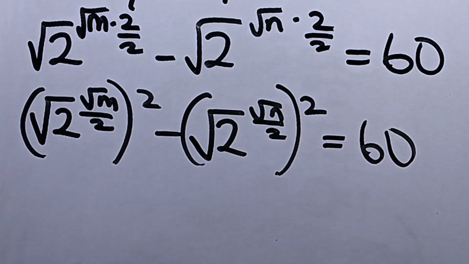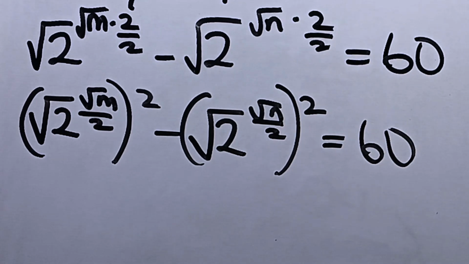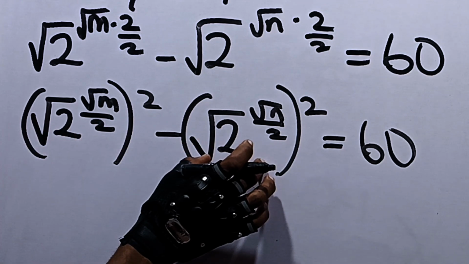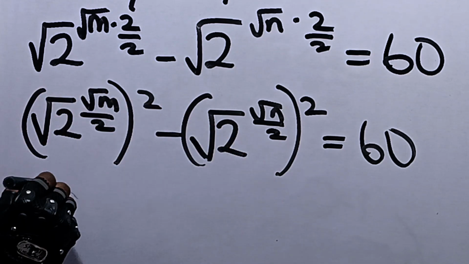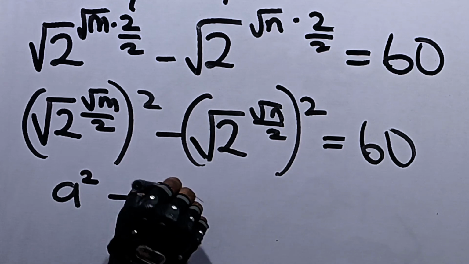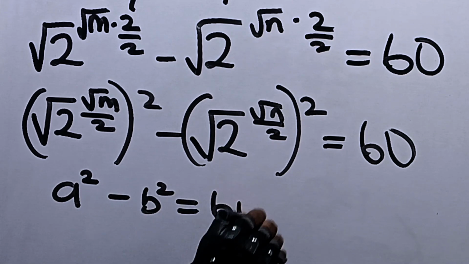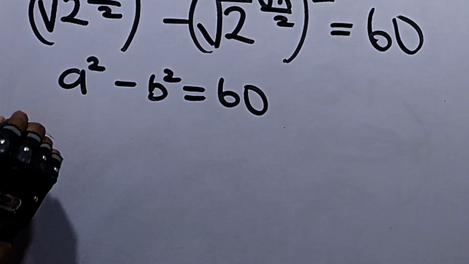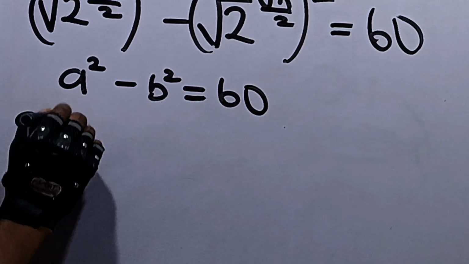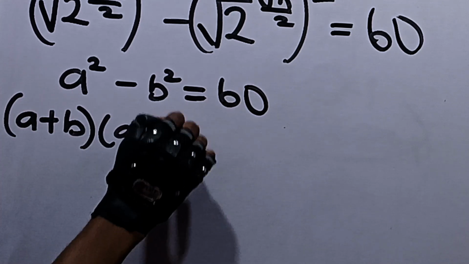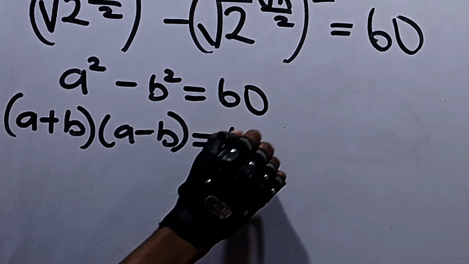Now let this whole thing in the bracket be equal to a, and let this other thing in the bracket be equal to b. So we have a squared minus b squared is equal to 60. This is the difference of 2 squares, so we can say that a plus b multiplied by a minus b is equal to 60.